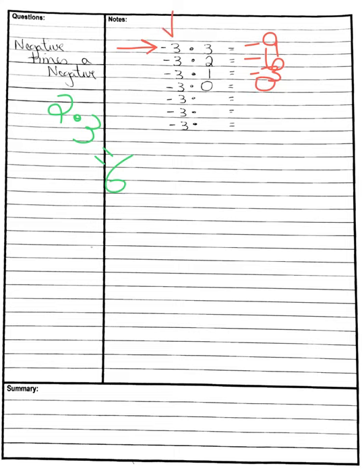My -3 is staying constant, meaning the same. I'm multiplying every single time. And what is happening to my values that I'm multiplying by? I go from 3 to 2 to 1 to 0. What comes next? A -1, and then a -2, and then a -3.